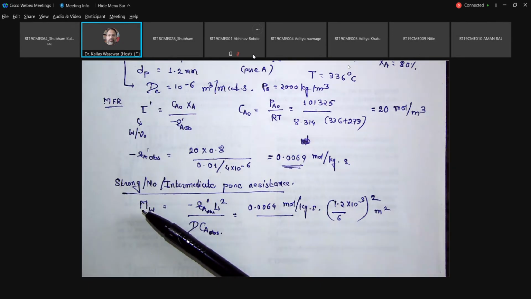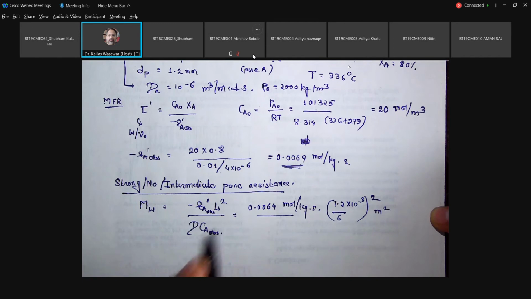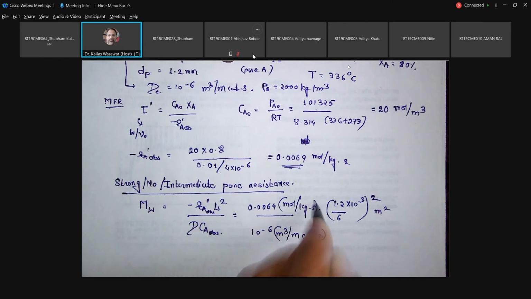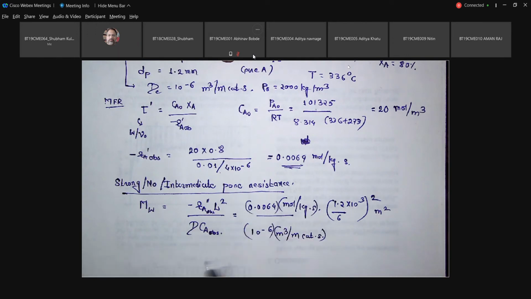So that's why 6 is coming here. Then diffusivity is 10 to the power minus 6 meter cube per meter catalyst second, into Ca, which is 20 mole per meter cube.